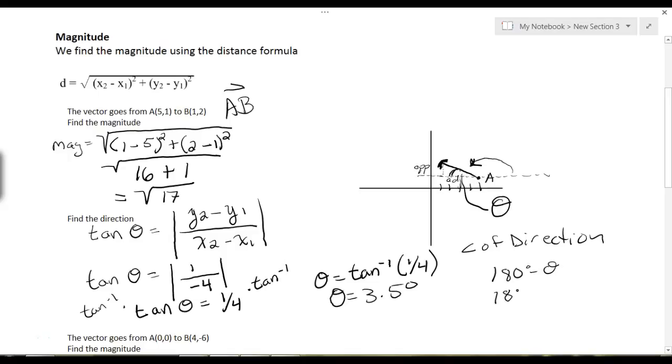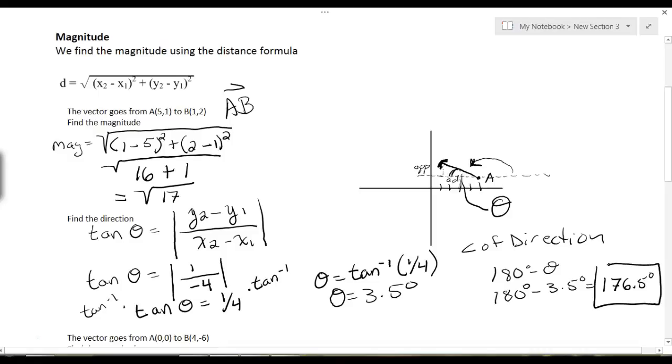So 180 minus 3.5 degrees equals 176.5 degrees. So that's my angle of direction. Let's go ahead and look at another example.